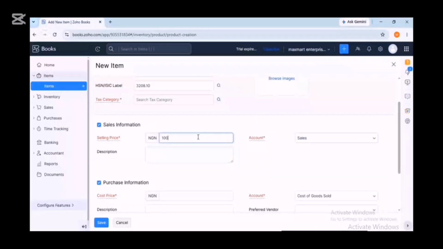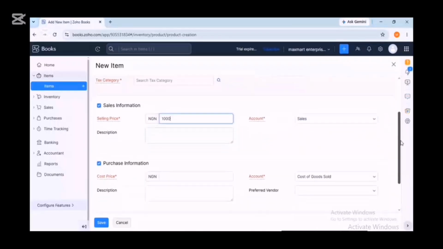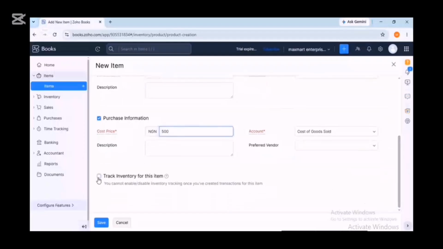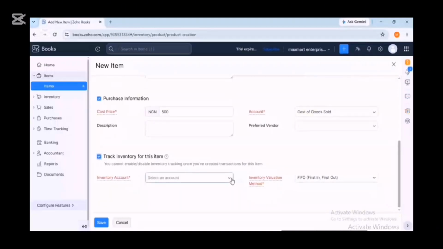So the selling price 1,000. The cost 500 for the sake of this session. And we must select the track inventory so that we can monitor the quantity available. So the account, the inventory asset, that is where to be found in the balance sheet.